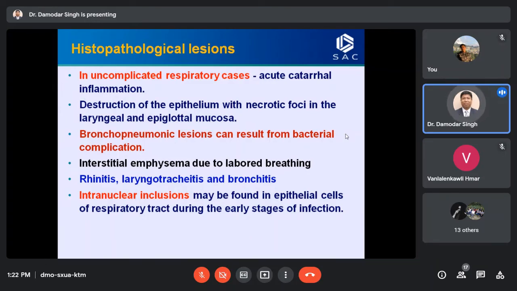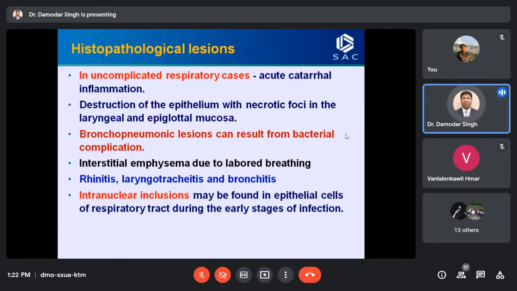And some bronchopneumonic lesions can also result from bacterial complications. That means in complicated cases, when secondary invaders like bacteria are there, you may find lesions of bronchopneumonia, involving the lung portion just around the bronchi, right?